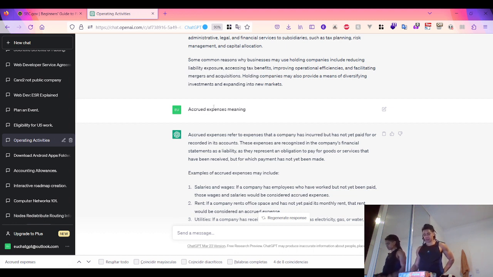Obligations to pay. Exactly. So accrued expenses are obligations to pay for good or service that has been received.